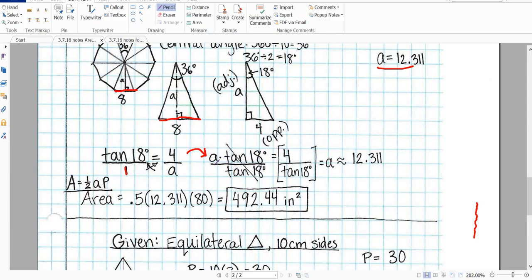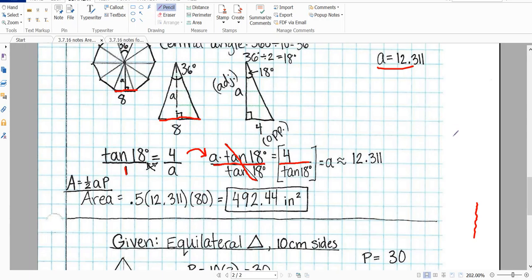The next step happened right here where you see the line. That means divided by, and here's divided by. So both sides were divided by the tangent of 18 in order to isolate our variable A. So those will cancel out, leaving us with A being equal to this value right here. Plug it in the calculator and we get approximately 12.311.